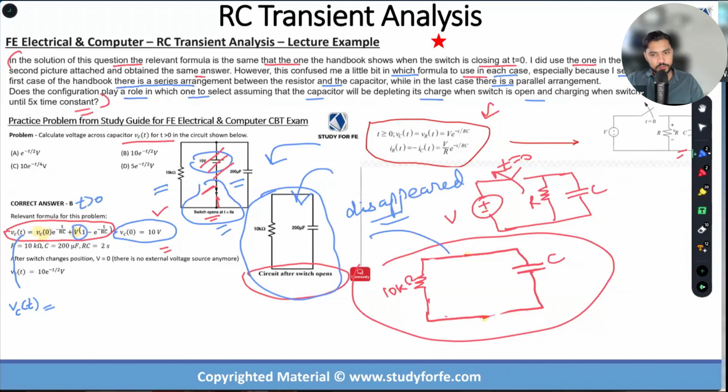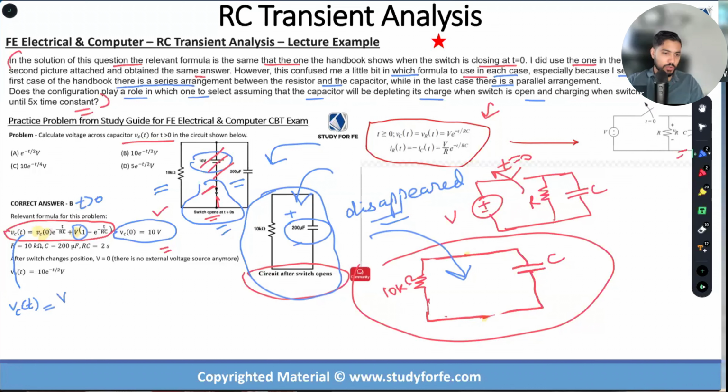Why? Because of this explanation that I provided you. Correct? So what are we left with only? We are left with the charge that the capacitor has accumulated during the charging phase when the switch was closed for an extended period of time, and now it is the capacitor's turn to discharge.